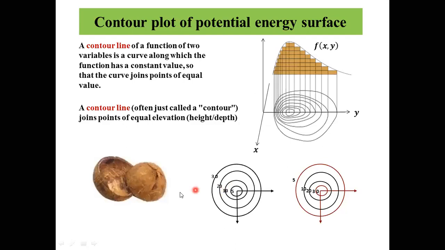Yeah. Now, if I want to get a contour plot of the other half shell of the coconut, which is facing downward, then I follow exactly the same procedure, slicing with a very fine instrument.